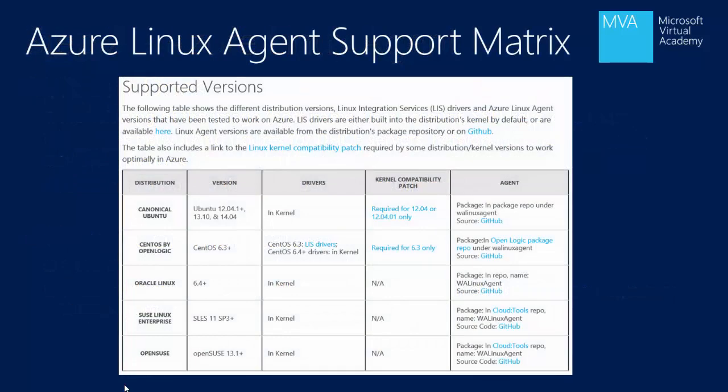Another good thing is that for most of the Linux distributions, this agent is also in the kernel. So you can just use it right away. If you need to install it separately, you can go to GitHub, download the package, and install it in your virtual machine.